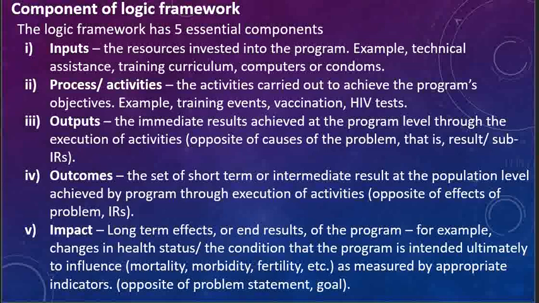For example, changes in health status, the condition that the program is intended to ultimately influence, like mortality, morbidity, fertility, are the program outcome, as measured by appropriate indicators. Of course, all this impact, outcome, and output have to be measured by appropriate indicators. And then we are saying impact is the opposite of the problem statement, or it is the goal of our project.